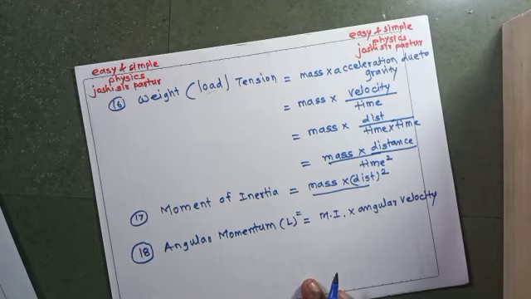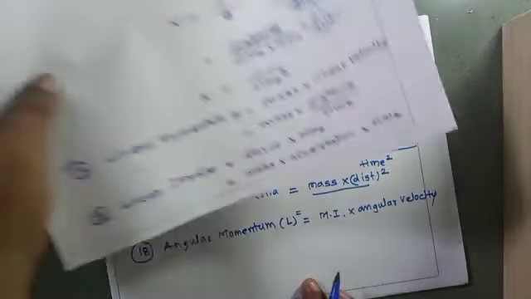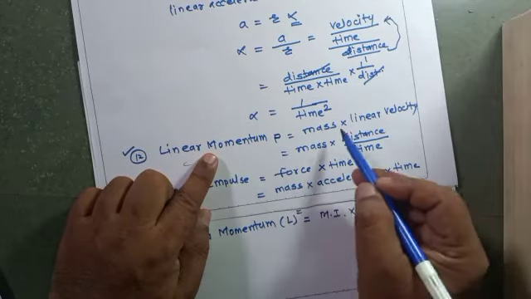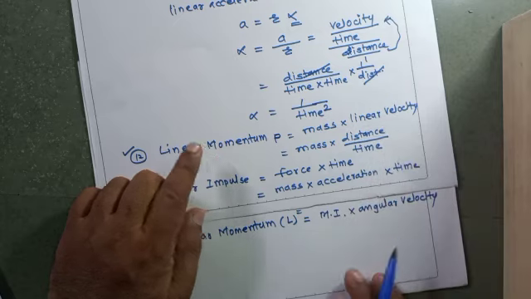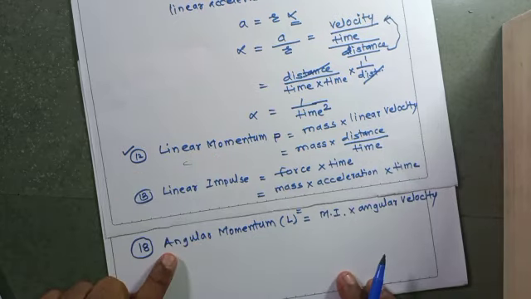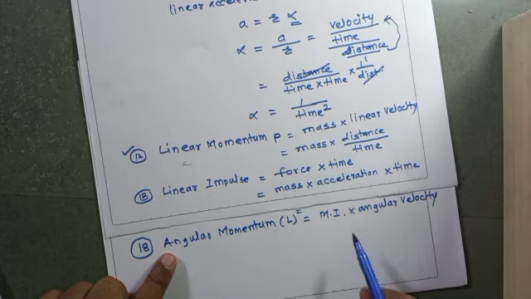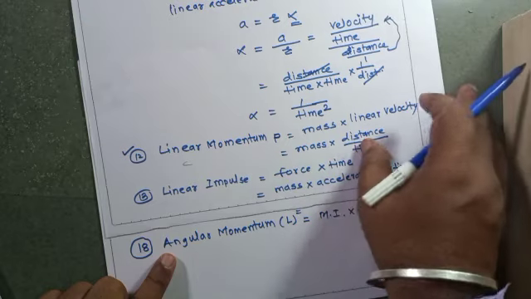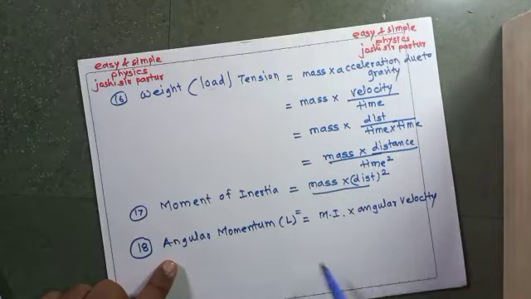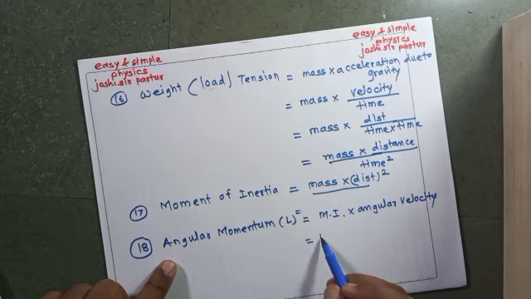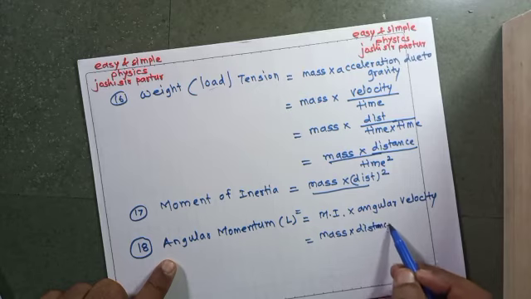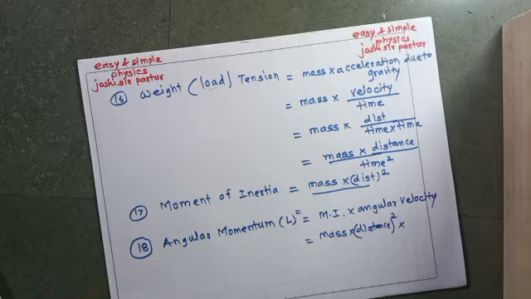Just as in linear motion, linear momentum P is equal to mass into linear velocity, similarly for angular momentum, L is equal to the product of moment of inertia into angular velocity. So moment of inertia is mass multiplied by distance square, multiplied by angular velocity.